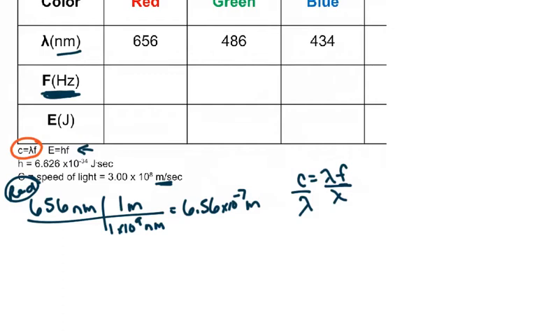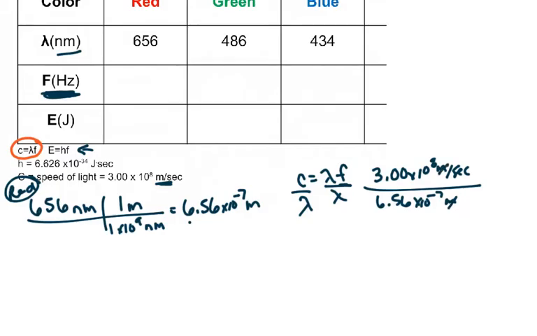Okay, so C is, let's see, where am I going to write it? I guess over here. So C is 3.00 times 10 to the 8th meters per second. And then wavelength, we figured out is 6.56 times 10 to the negative 7 meters.